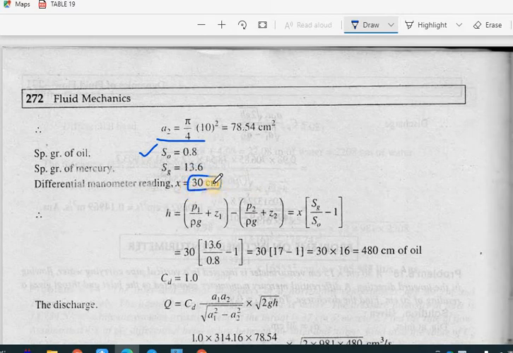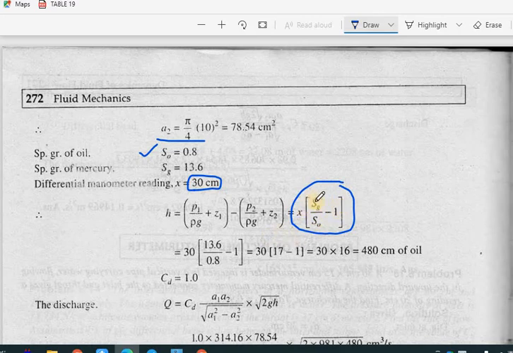From here we can calculate the value of x. We can use this formula: x equals to Sg by So minus 1.